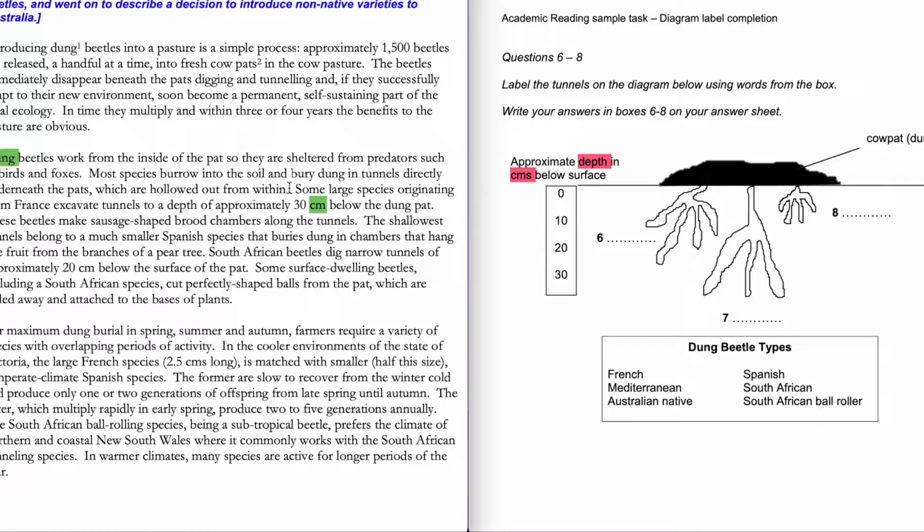So further we can just specify about the tunnel depths for approximately 30 centimeters below the dung pad from France. It's below 30 centimeters, so it's here 0, 10, 20 and 30, and below the 30 centimeters it means it goes deeper than 30 centimeters.